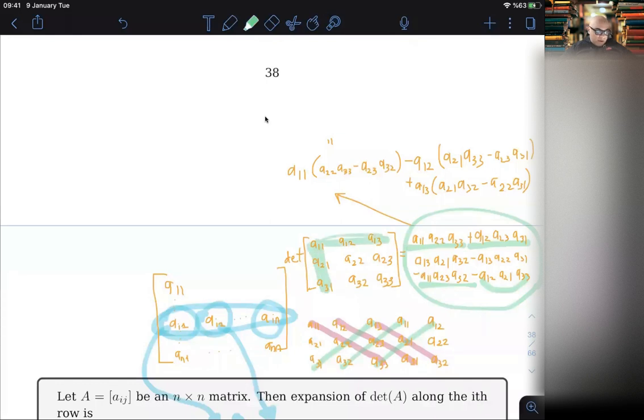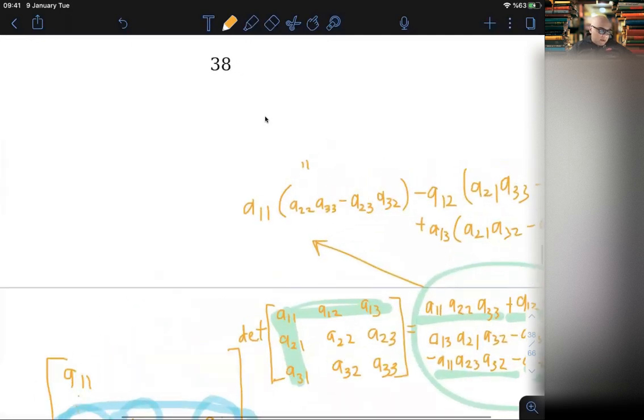If you look at the determinant of this part, this 2 by 2 thing, you will see that it is exactly this term. And the determinant of this one times minus 1 to the power 1 plus 1 is basically the cofactor. Okay, let me do one more step.